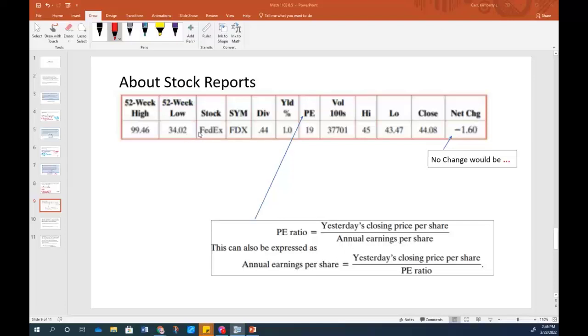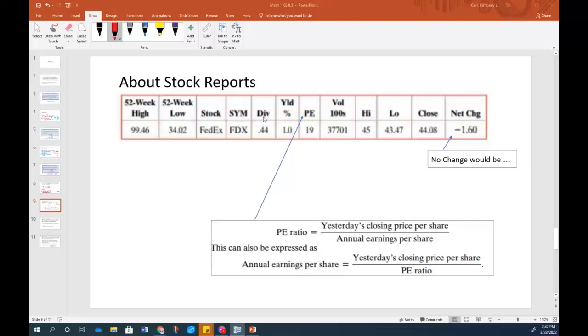Now what is the stock? There's always an abbreviation here, and the heading stock is the company name or the abbreviation that goes with it, and that is FedEx. And every company gets a symbol because no matter how long the company name is, there's going to be some sort of a symbol that would run across the ticker. So the symbol for FedEx is FDX.